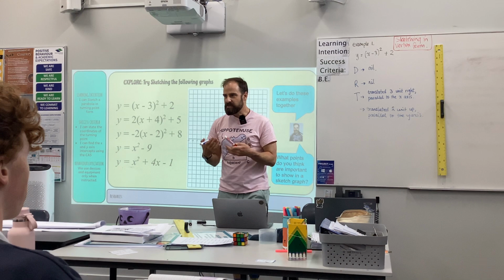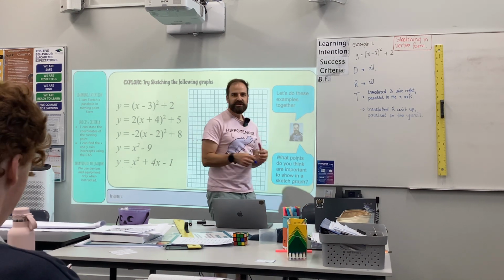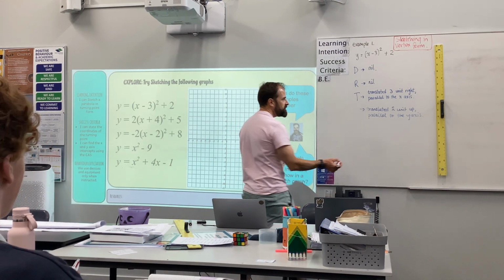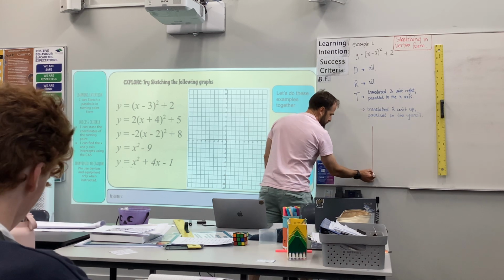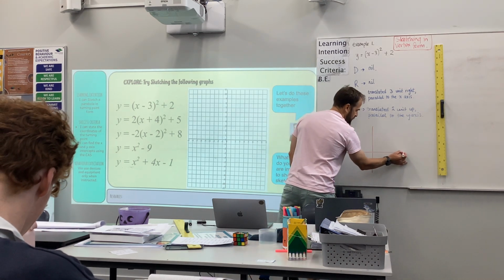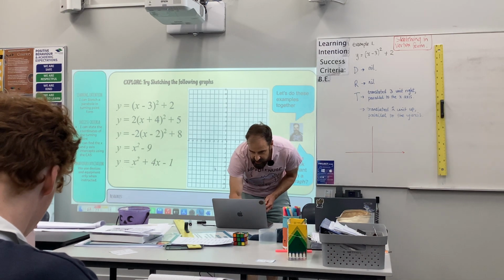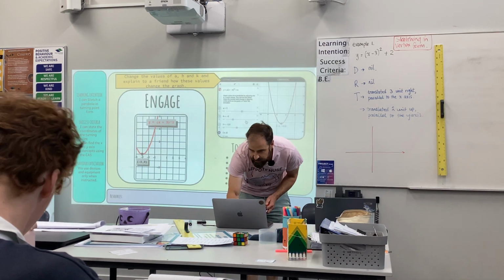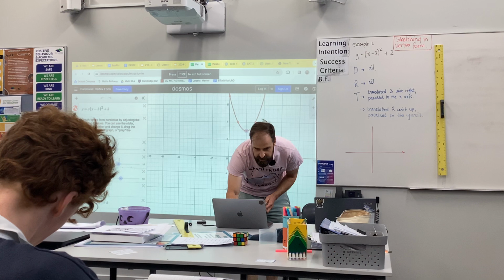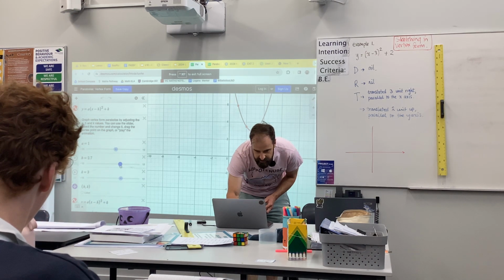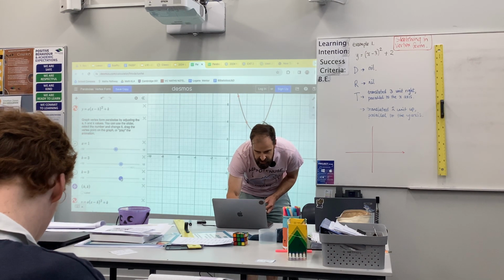So let's think about our graph. What's actually been translated? What's actually been moved here? Well, let's actually have a look. Let's go back. So we've got h is 3, k is 2.